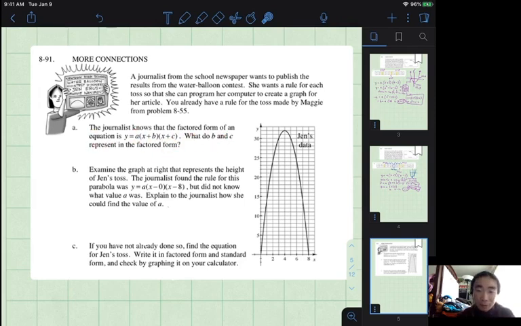Someone type it out onto either chat. What do B and C represent in this equation in factored form? Type, please.